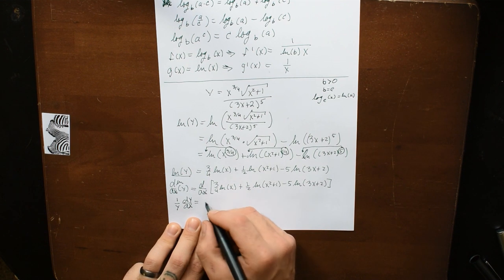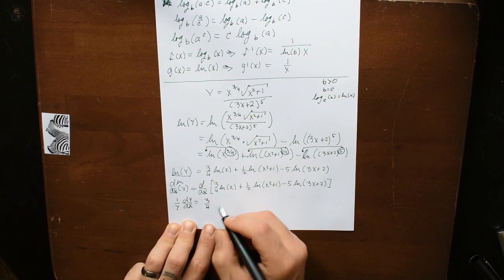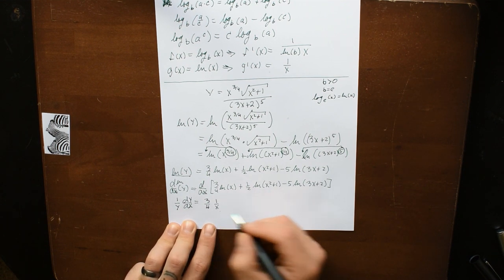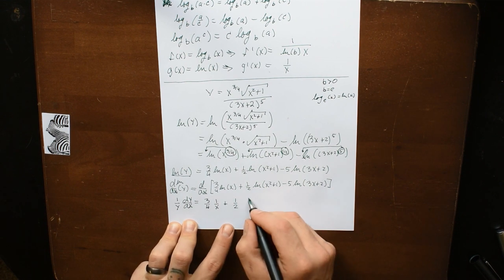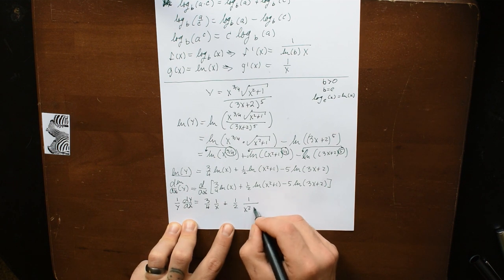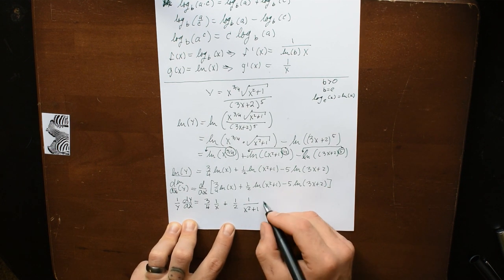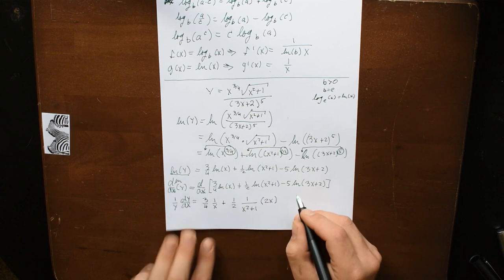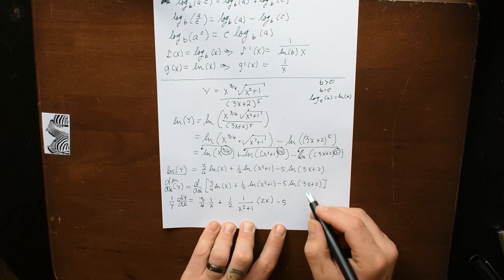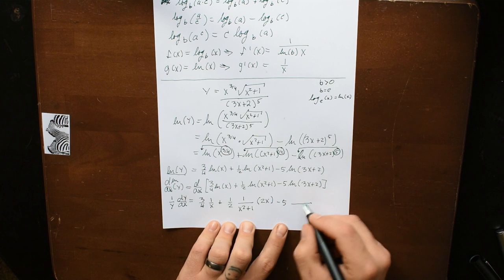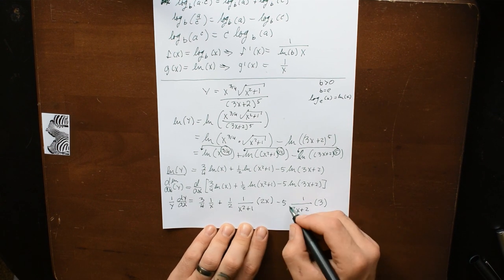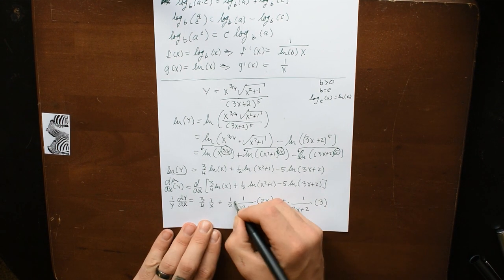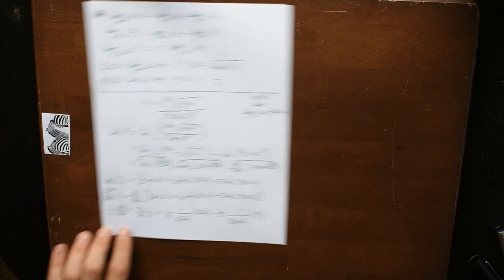so this first term will become 3/4 times 1 over x, plus 1/2 times 1 over x squared plus 1 times the derivative of the inside, minus 5 times 1 over 3x plus 2 times the derivative of the inside. Cool.